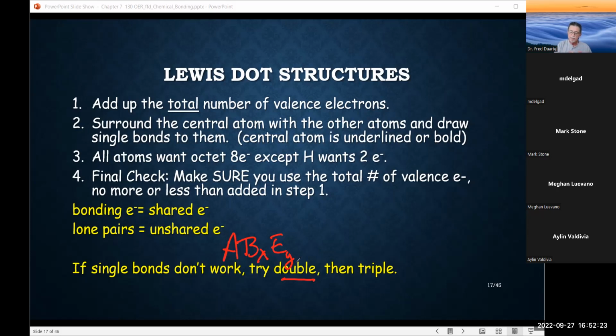If the double bond doesn't work, then we look again for another set. We may even have to make a triple bond. So that by sharing, then everybody has the octet fulfilled. And we're going to do an example of that to demonstrate that, okay? All right.